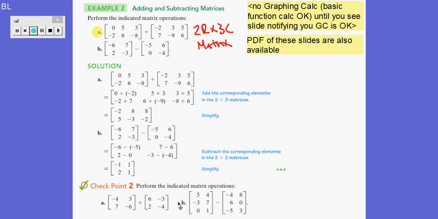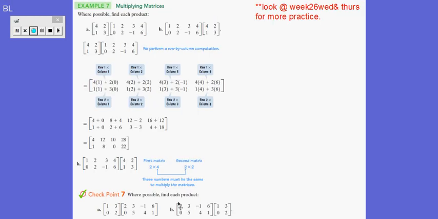Now matrix multiplication. This is what we left off with pretty much right before we left for the 3 weeks. So remember, the big idea here is to multiply row by column.